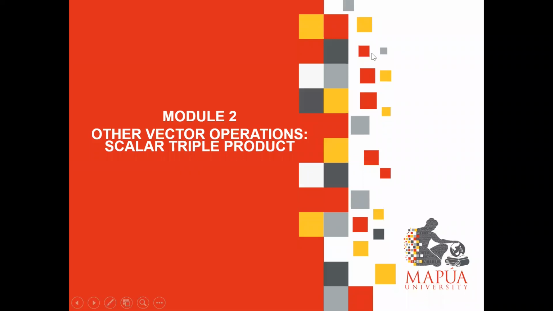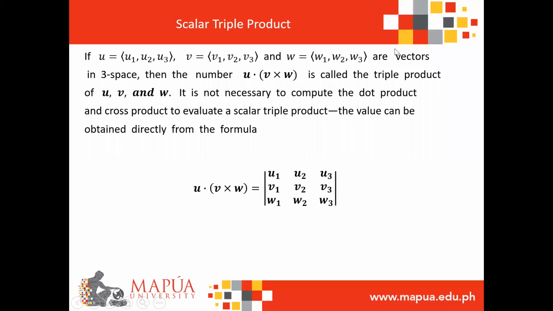Good day. I will discuss to you the last part of vector operations, which is known as scalar triple product. So we have here the definition of scalar triple product.